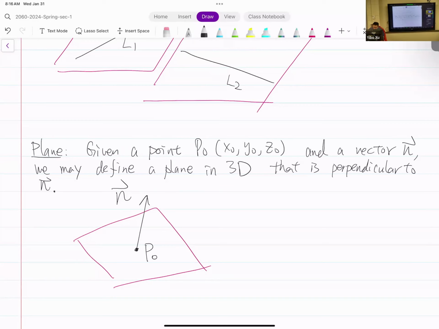Then if you think about this normal vector n as the vector that's perpendicular to the entire plane, then for whatever vector that you draw with the head on the plane and the tail being P0, for whatever P that is, it's always perpendicular to this normal vector. Okay? So whatever point you pick, think about this direction P, that's still perpendicular. If you choose that kind of direction, it's still perpendicular.